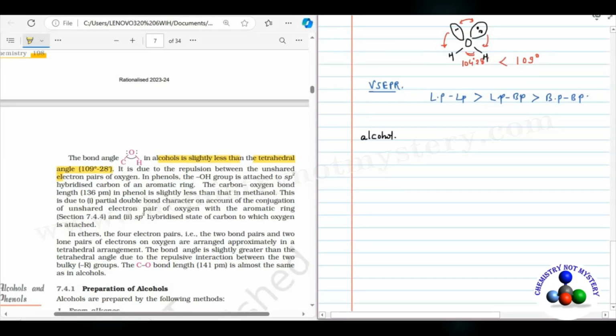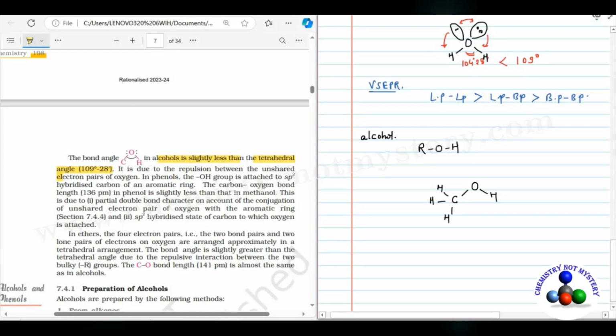So alcohol is ROH. In alcohol, oxygen, one side it is bonded to hydrogen and on the other side it is bonded to carbon. And this carbon is bonded to three other groups. They can be carbon or they can be hydrogen. So if I take the example of methanol, this carbon will be bonded to three other hydrogens.